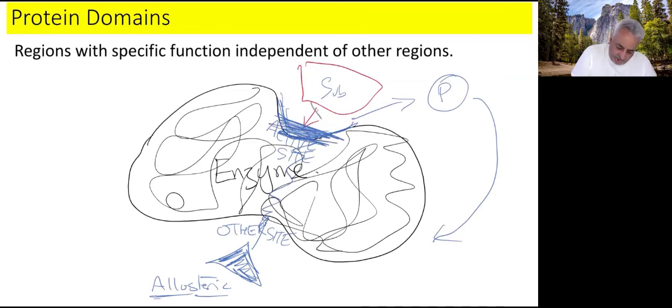And now this substrate can no longer bind, or bind with less efficiency, right? And that will change the behavior of the enzyme, therefore affecting the chemical reactions that it can perform. That may be a way of controlling the behavior of chemistry within a cell.